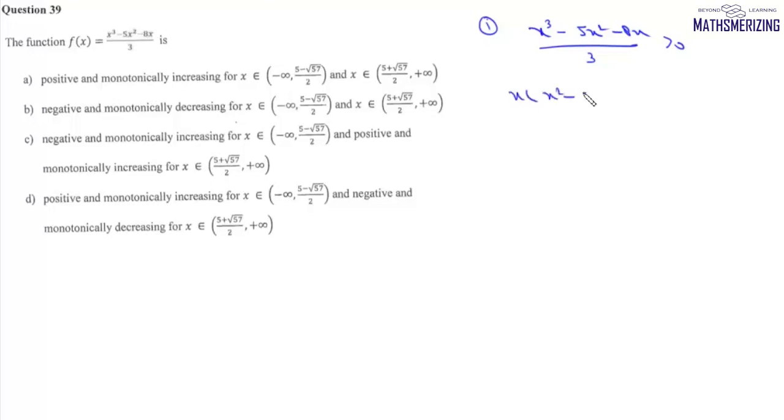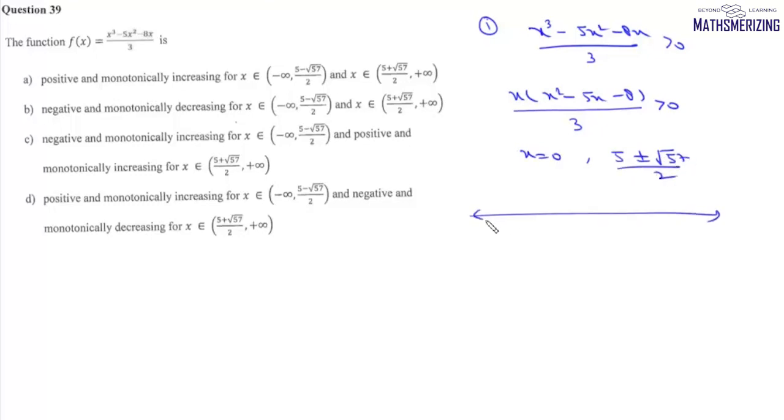We can write x square minus 5x minus 8 upon 3. It is greater than 0. So the critical points are 0 and then 5 plus minus under root 25 plus 32, that is root 57, by 2.